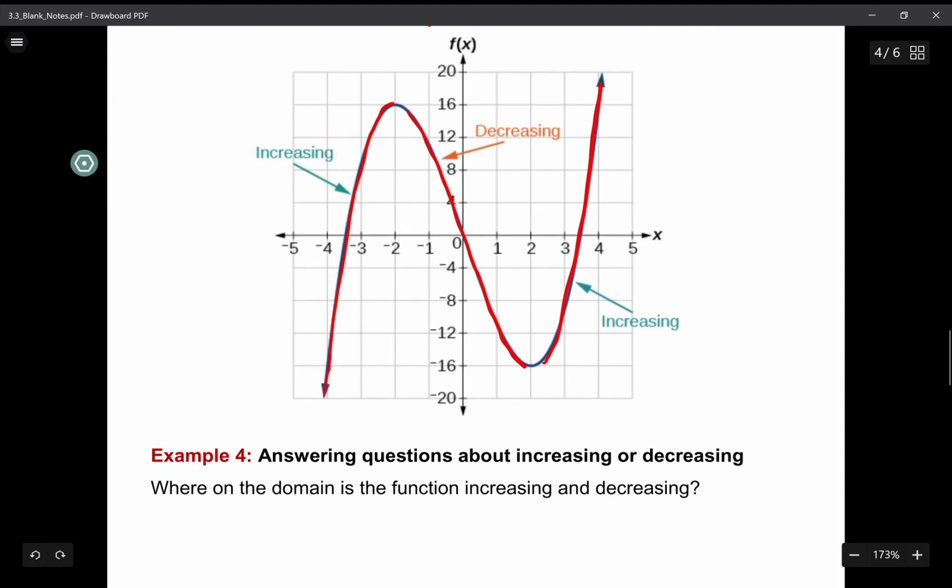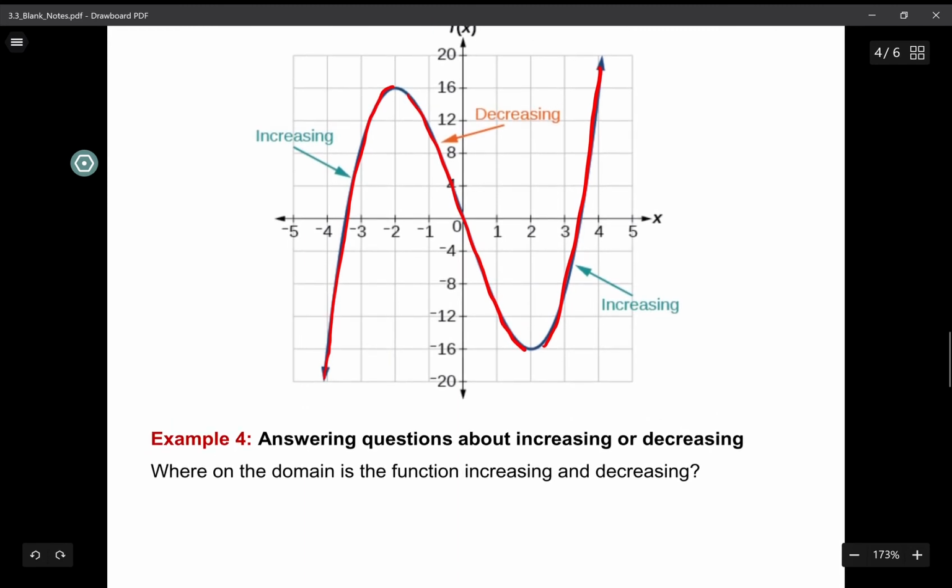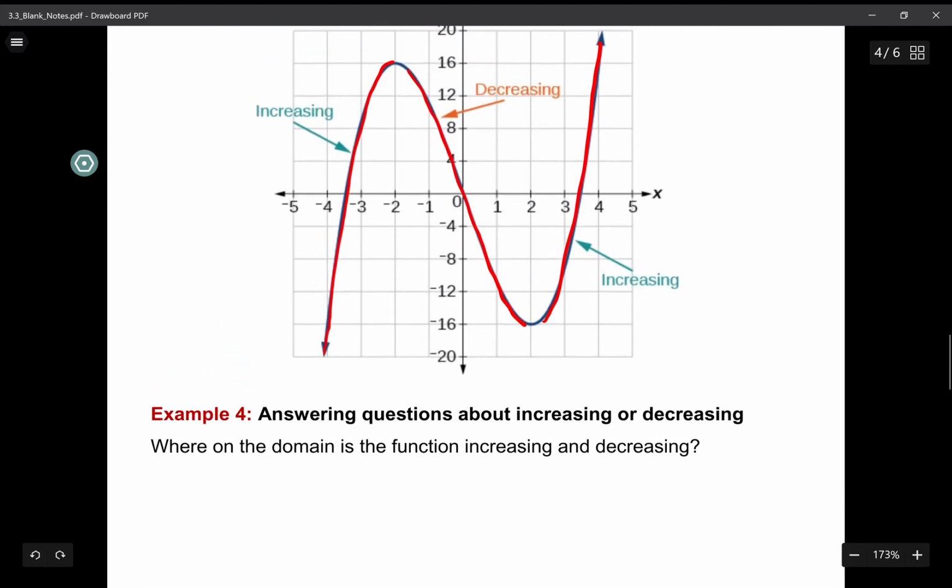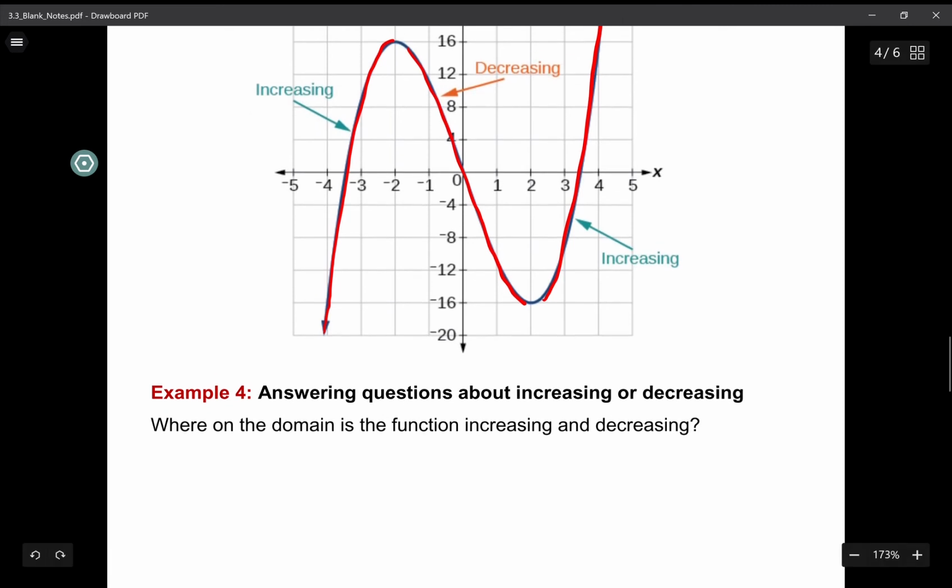All right, so we are going to answer this question. Where on the domain is the function increasing and where on the domain is it decreasing? Well, we know up until this point at -2, from -infinity all the way to -2, it's increasing. So we'll write increasing.